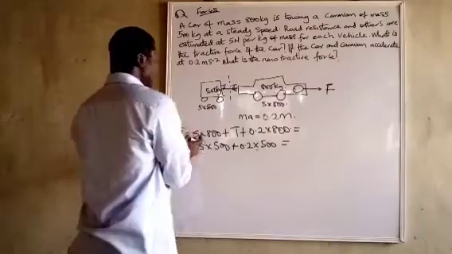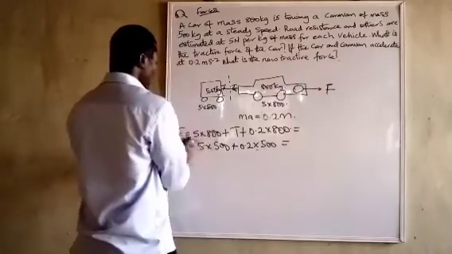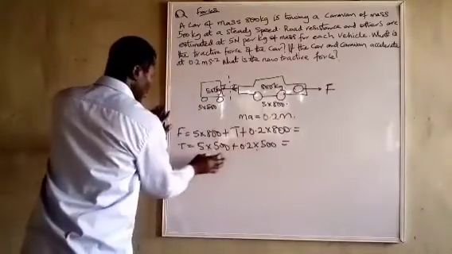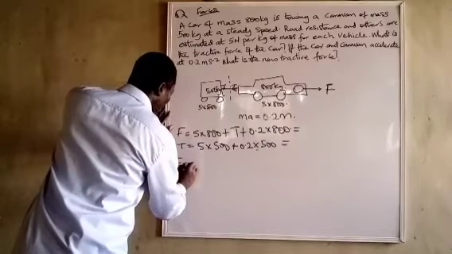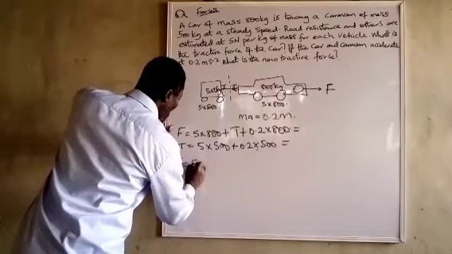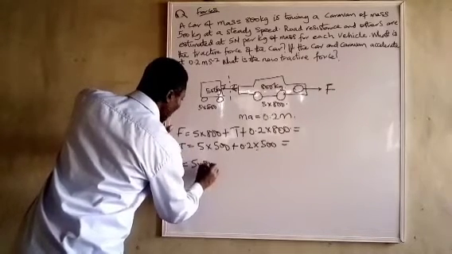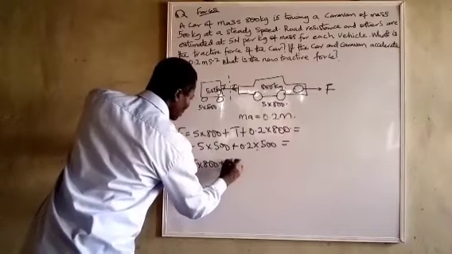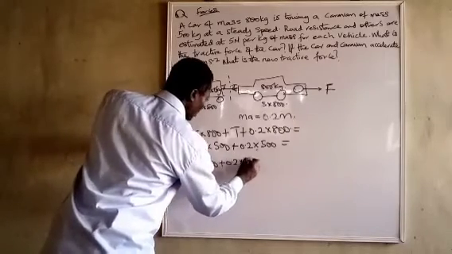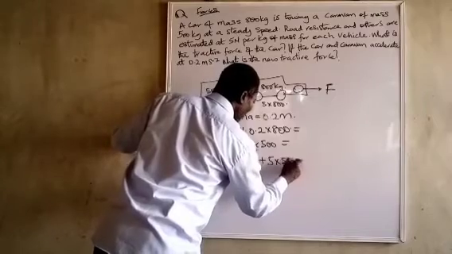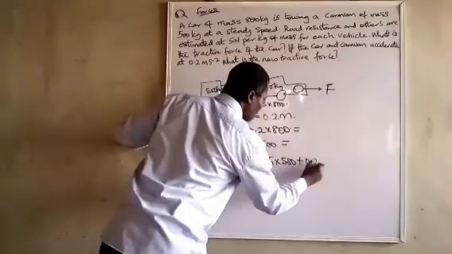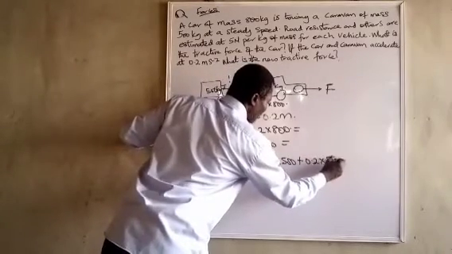So the total F, since this is our T now, will be equal to 5 times 800 plus 0.2 times 800 plus 5 times 500 plus 0.2 times 500.